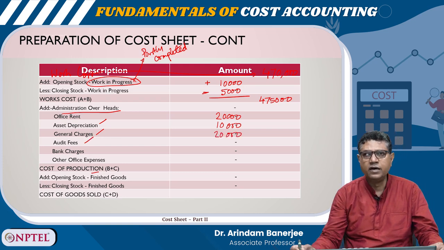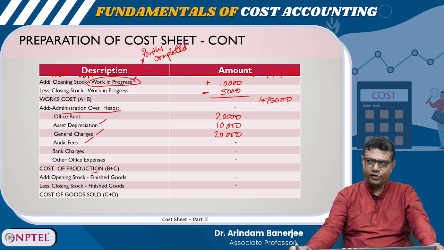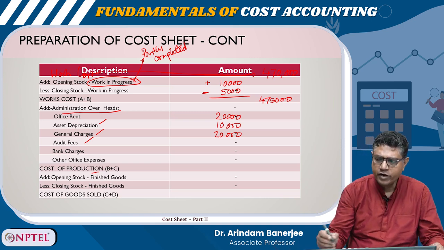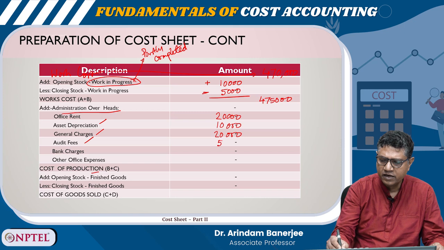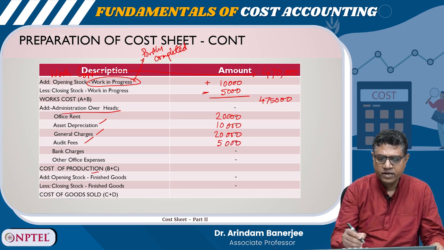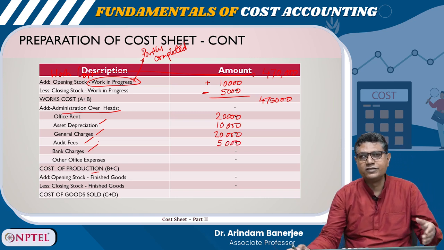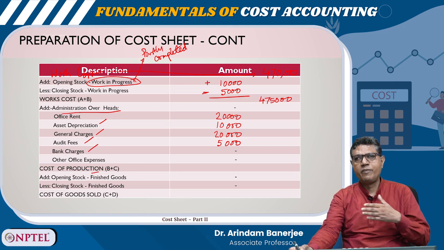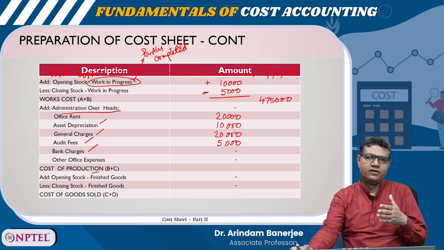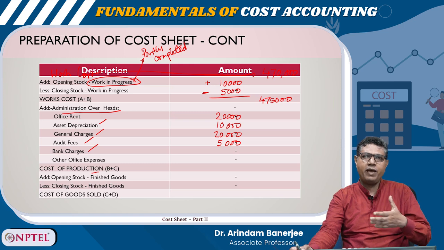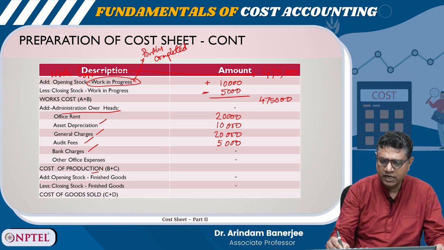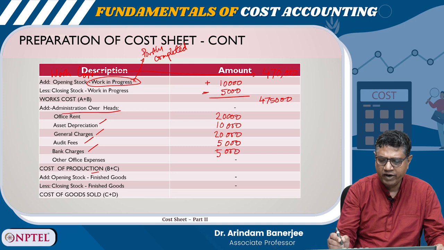Audit fees, you need to get your accounts audited, so audit fees is again 5,000. Bank charges, because as a company you must have a bank account and you deal a lot through the bank, so the bank will charge for it. So bank charges is say again 5,000.